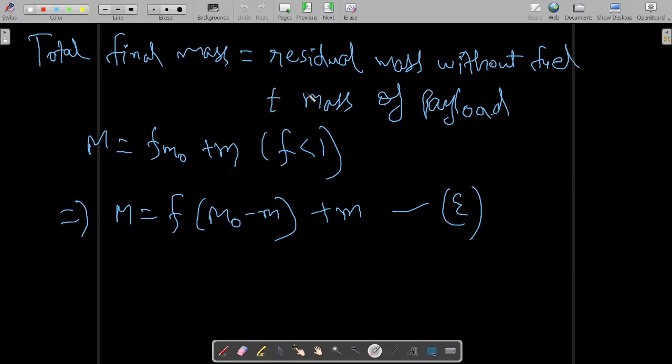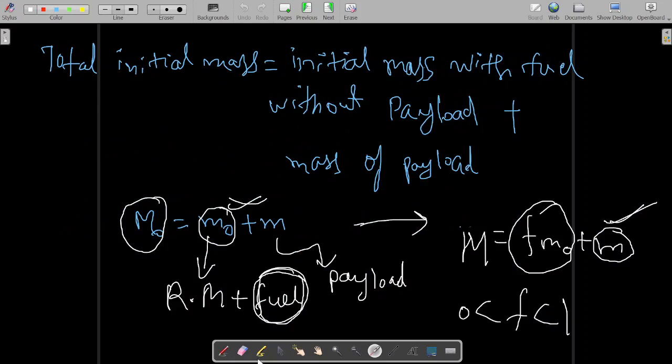Now we are considering the residual mass without fuel, so let us consider that the complete fuel is burnt. Then what will happen? Suppose one third of m naught was fuel, and the rocket machinery was 2/3 of m naught.